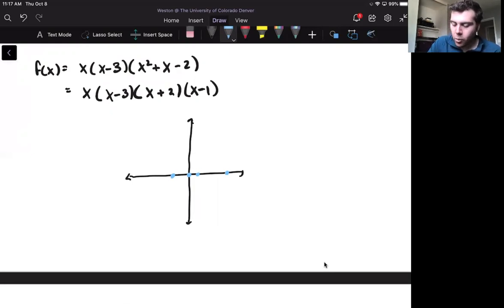The degree is 4, and it has a positive coefficient, so that tells us that the end behavior is positive on both sides. And since the degree of each of these factors is 1, which is odd, at each root we're going to pass through the root. So our graph looks something like that, a W shape.